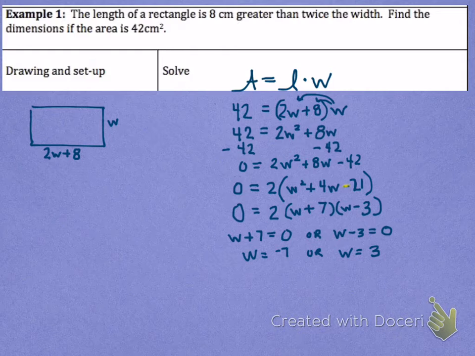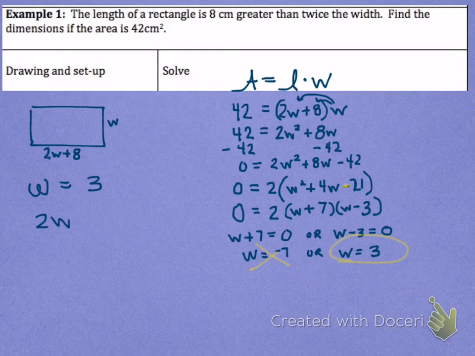Now, when we're looking at a rectangle's width, we can't have something be negative, so negative 7 does not make sense in this situation, so we go with the 3. You do have to keep in mind what would be real for the situation. So then I plug in w equal to 3.